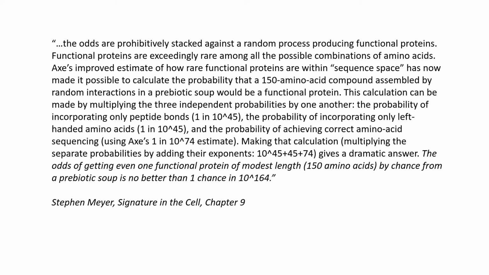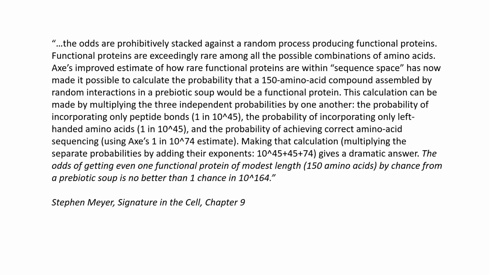The probability of incorporating only peptide bonds, which we've already seen is about 1 in 10 to the 45. The probability of incorporating only left-handed or L amino acids, 1 in 10 to the 45. And the probability of achieving correct amino acid sequencing, and this is where Axe's work of 1 in 10 to the 74 comes in.